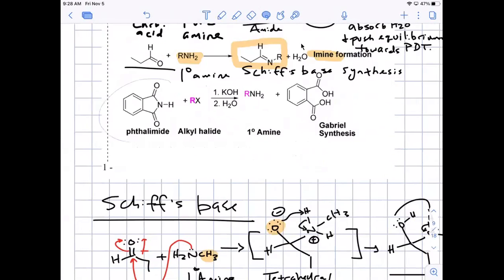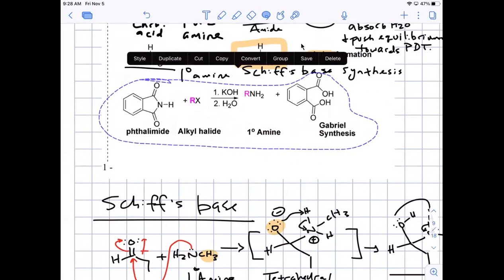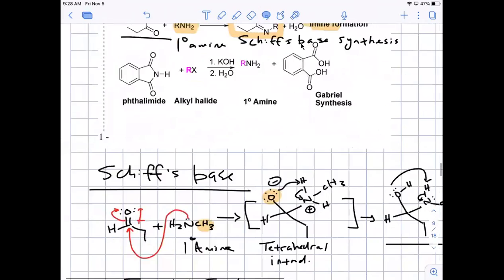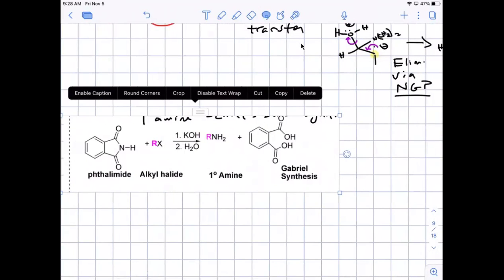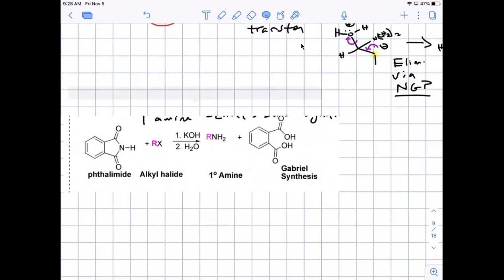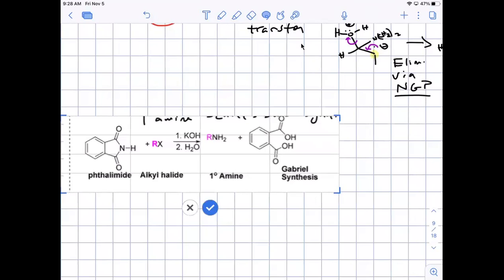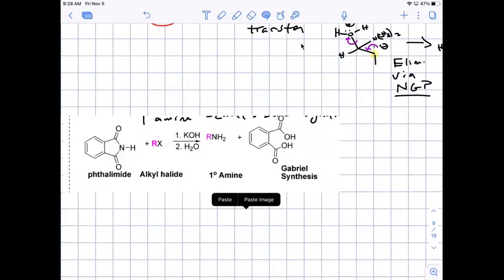And this is a synthesis of amines. Should have done that first, but that's okay. Can't crop it. That's fine. So this is the Gabriel synthesis, right?